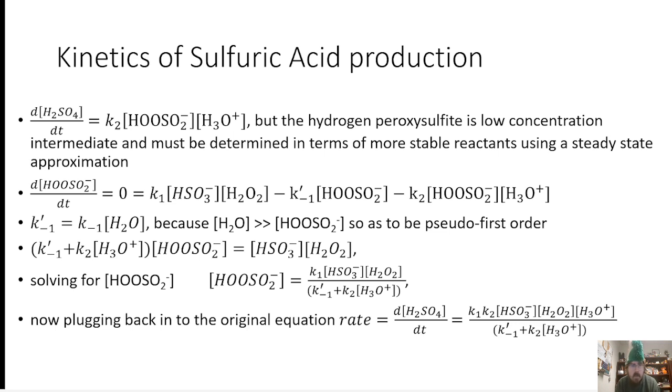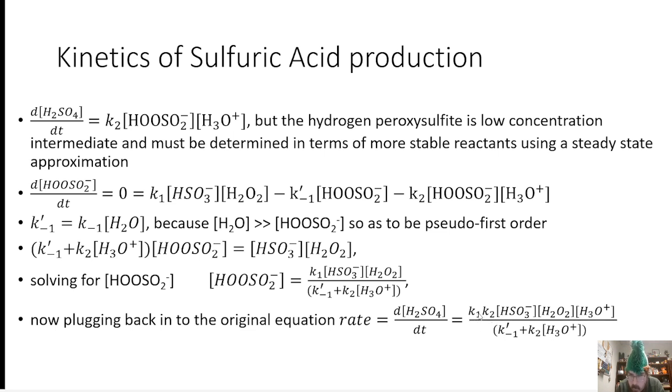So what does this mean? When we isolated this on one side, solving for the hydrogen peroxysulfite, we get that the hydrogen peroxysulfite concentration is equal to this complicated function. Plugging that back into the original expression, it's a very, very complicated function, but there are certain parts that we can look at.